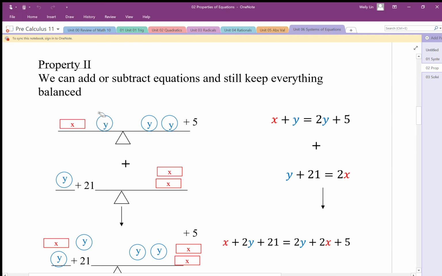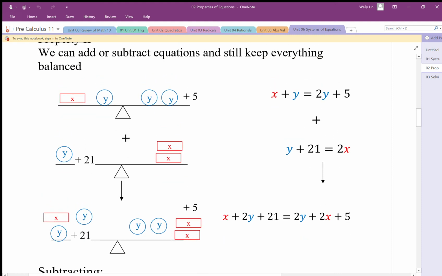I can group everything on the left-hand side together and everything on the right-hand side together, and this will remain balanced. So if I add these two equations together, I end up with, on the left-hand side, 1x, 2y's, 21 ones. On the right-hand side, I end up with 2y's, 2x's, 5 ones. If they are balanced to start, they will remain balanced when we combine them.